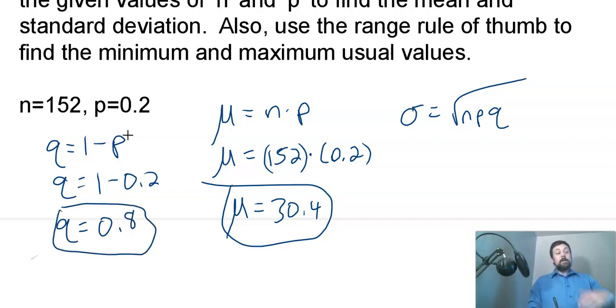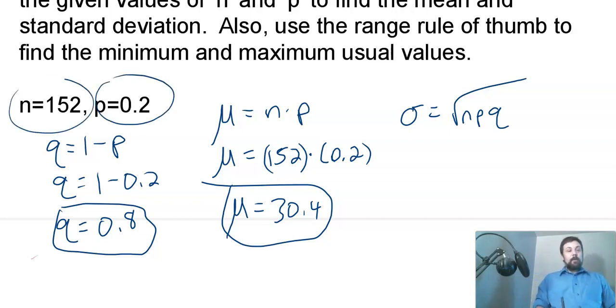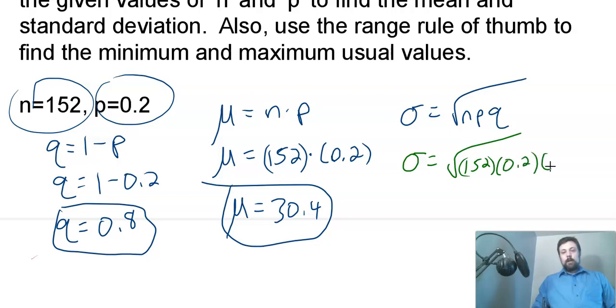The probability of success is 20%. That means the probability of a failure is 80%, right? Because it's either success or failure. And now we have all the numbers we need to plug into this formula. So let's find that standard deviation. It's going to be the square root of n, which is 152, times p, which is 0.2, times q, which is 0.8.